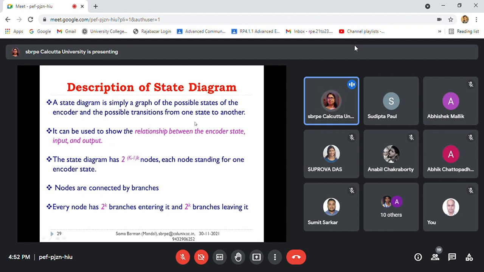It is nothing but a graphical representation of the machine. From there, all possible states can be represented, and how the state will transit from one state to another depending on the input can also be shown in the state diagram.